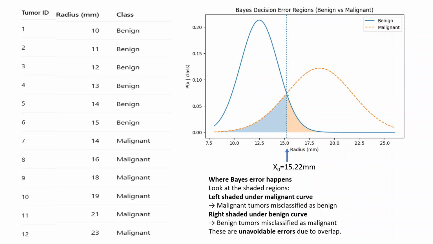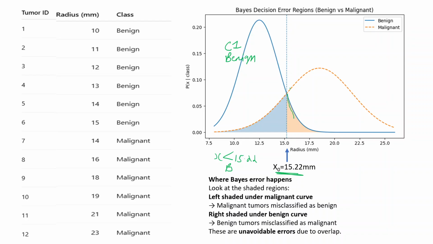This curve is for class 1. We'll call it the benign case. This is the benign case curve. When we got the decision boundary value, we are saying if x is less than 15.22, you decide it as the class that is benign.